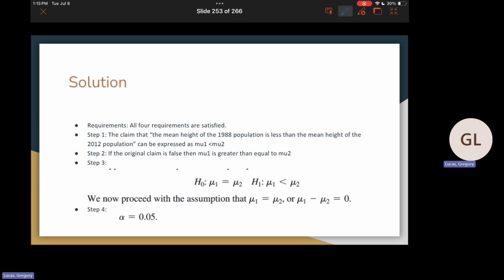So step one, the claim that the mean height of the 1988 population is less than the mean height of the 2012 population can be expressed as mu1 is less than mu2. Step two, if the original claim is false, the other claim would be mu1 is greater than or equal to mu2.